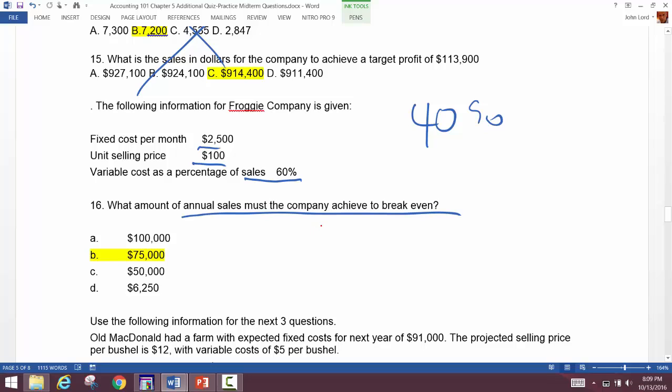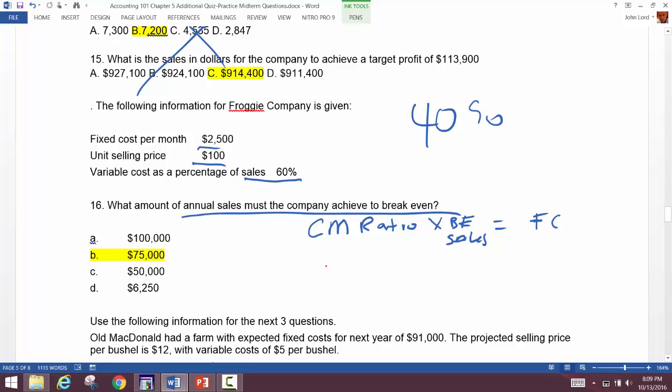Again, guys, set them up the same way every time. Contribution margin ratio times my break-even sales is going to equal my fixed expenses, fixed costs, whatever, right?